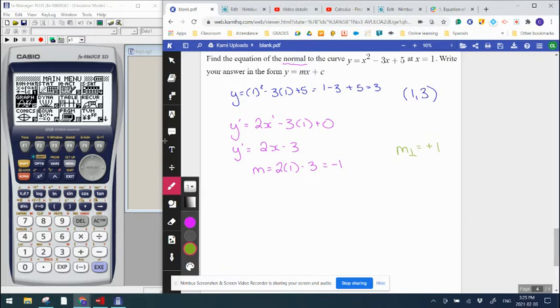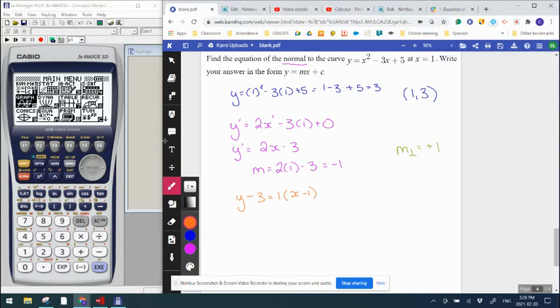So this one has a perpendicular slope of plus 1. Now that we have our point and our perpendicular slope, we can find the equation of the normal. So we're going to go y, oops, I want to use a different color, sorry. We're going to go y minus our y coordinate, which is 3, equals our slope, which is 1. Again, you don't need to write it, but I'm just going to, for this video, times x minus 1.